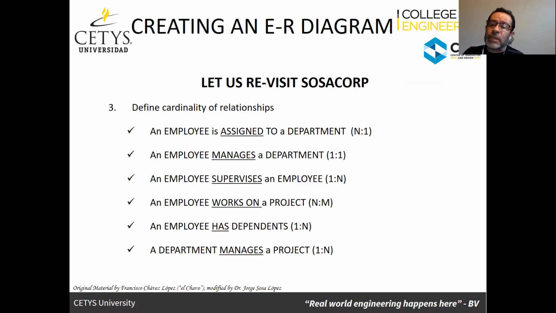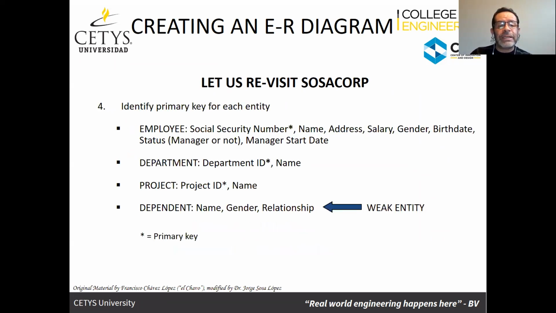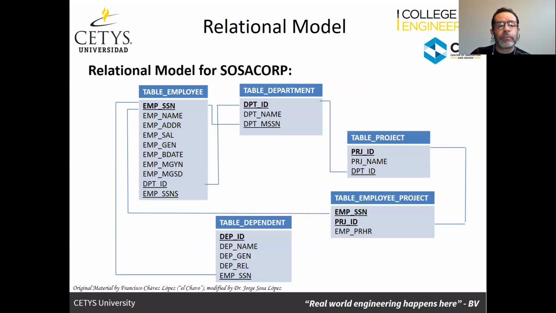For the relationships that are one to n, I'm going to include the primary key of the one entity into the n entity. And lastly, do we have any relationships that are many to many? Yes, we've got employees and projects are many to many. In that situation, I'm going to create a new table. Okay, so let's see how that would look.